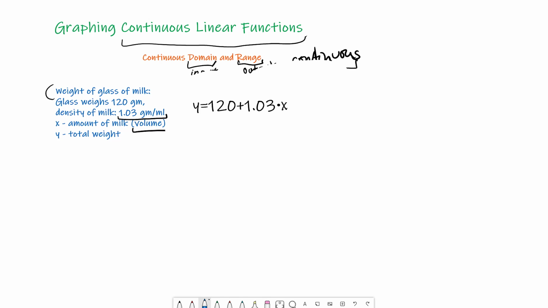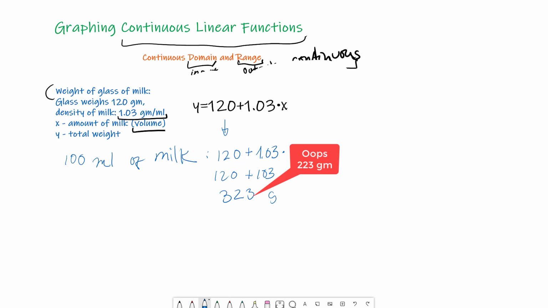So let's say we take 100 grams or 100 milliliters of milk. In that case, our total weight is 120, right, for the glass, plus 1.03 times 100. In other words, we have 120 plus 103 grams, or 223 grams. So that is when we take 100 milliliters of milk. Let's look at another example.